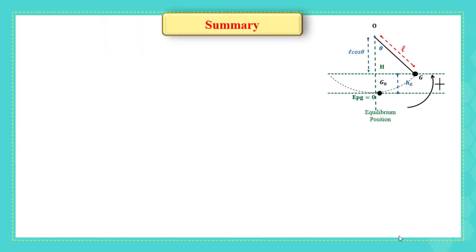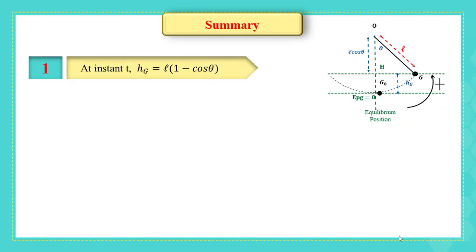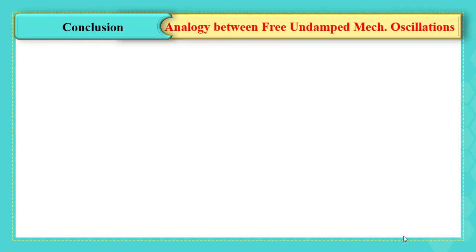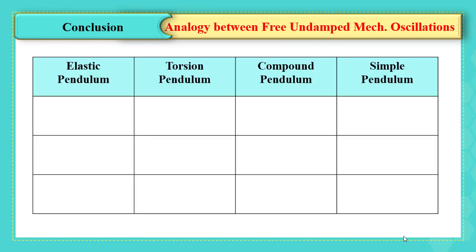At the end, you can memorize these main ideas that are mentioned in this video. But all in all, we can make a comparison between the differential equations of the 4 pendulums that we have mentioned before in the videos: elastic pendulum, torsion pendulum, compound, and the simple.